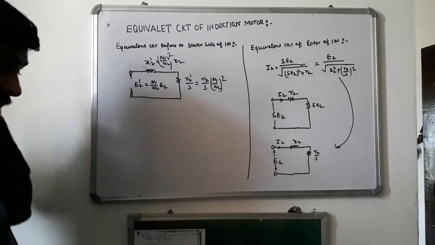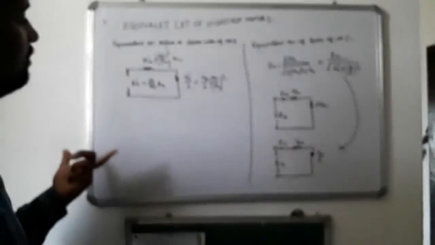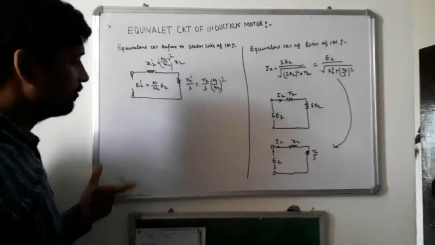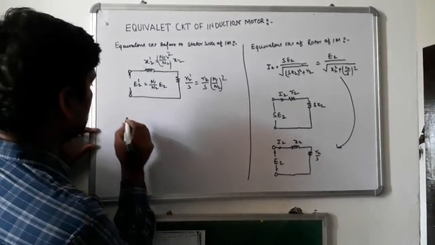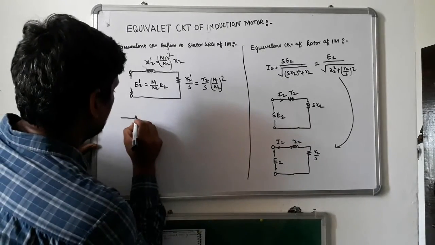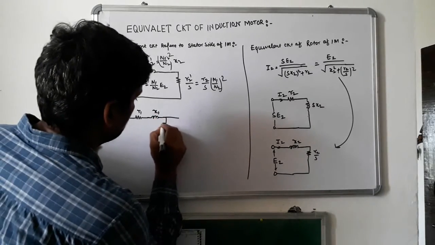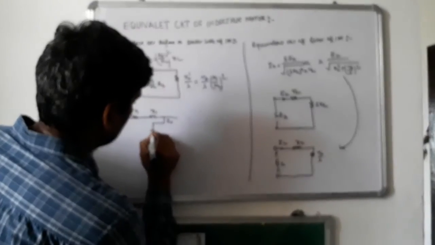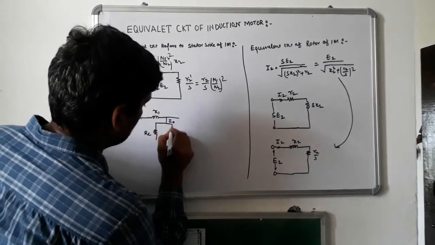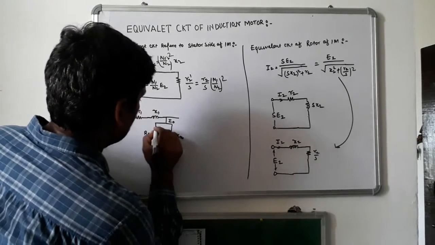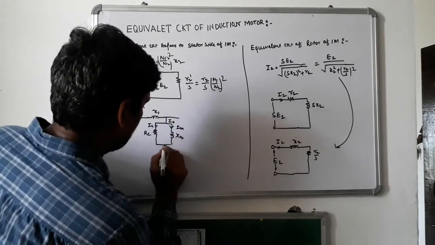Then the complete equivalent circuit referred to the stator side of the induction motor will be: R1, X1, the no load current, core loss RC, magnetizing inductance XM, with current IC flowing through this and IM flowing through this.